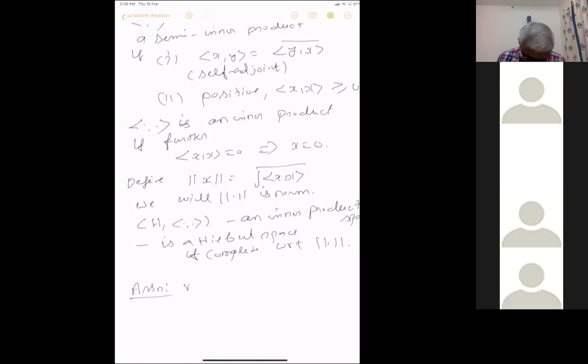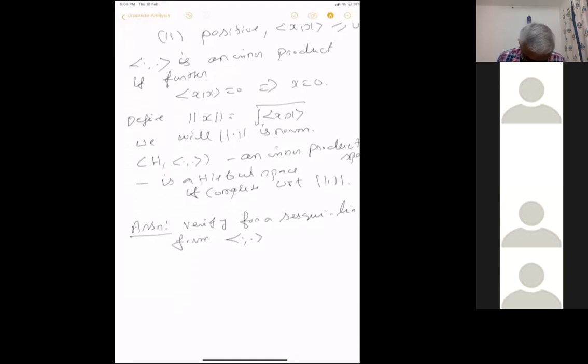Just verify the following. This is true for any sesquilinear form. So for a sesquilinear form, you verify this.